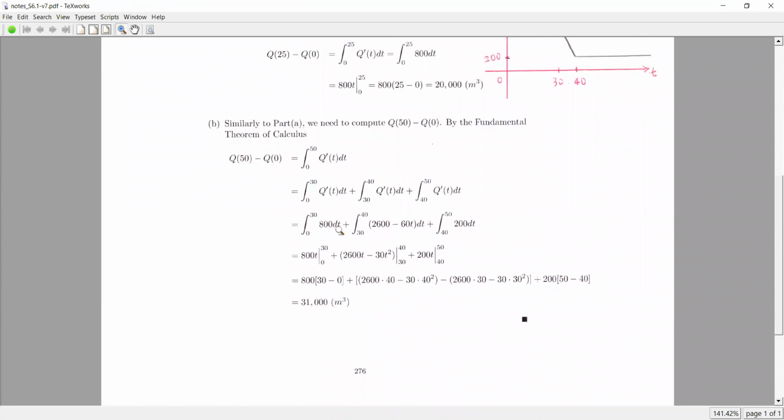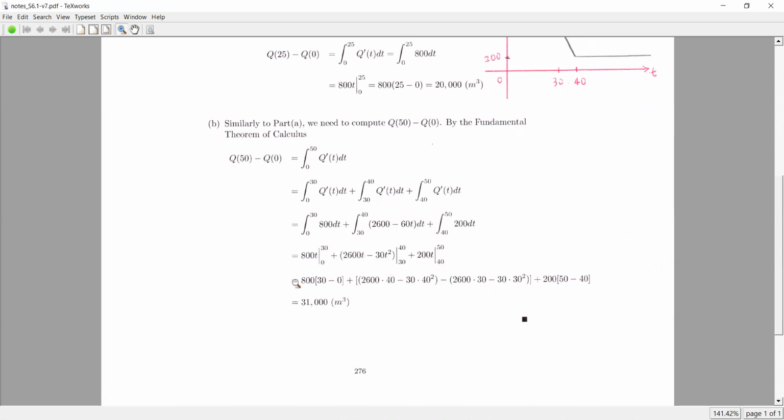To find the integrals here, I use the fundamental theorem of calculus. The antiderivative of 800 is 800 times t. And 2600 minus 60t has this antiderivative. The antiderivative of 200 is 200 times t. Now, plug in the upper limit and lower limit in t for each integral.